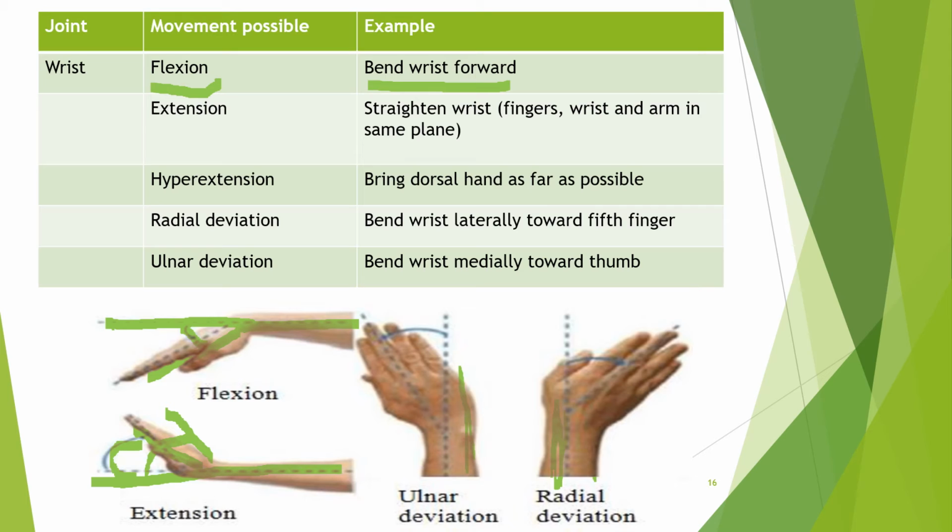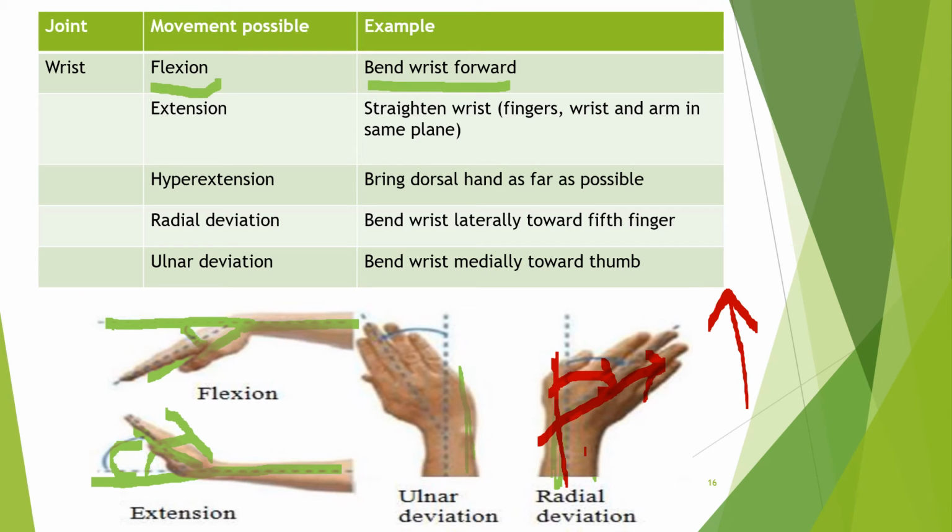In a radial deviation, the hand is deviated toward the radial side. Originally this is the radial, and the hand is in a straight condition, like that. But when the hand goes to that side, away from the radial, it is known as ulnar deviation.